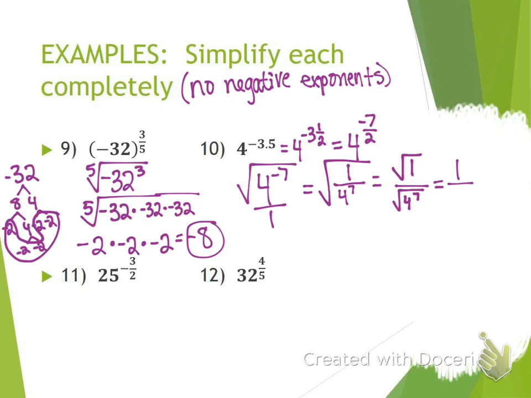Over in the denominator, we could multiply it all out, or we're looking for groups of how many? 2. We've got a bunch of 4s down here. How many groups are we going to have? 3 groups of 2 4s. If it doesn't make sense, go back to writing them all out.